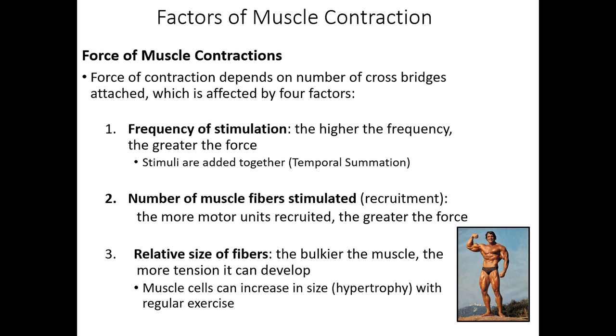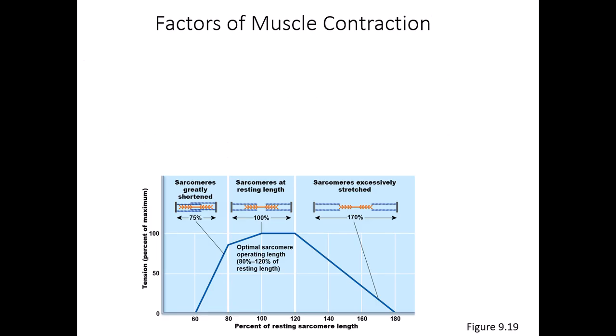So hyper, above regular nourishment, we're going to have bigger muscles like this Arnold Schwarzenegger here. And of course, that hypertrophy can be reversed with disuse. That would be atrophy of muscles.